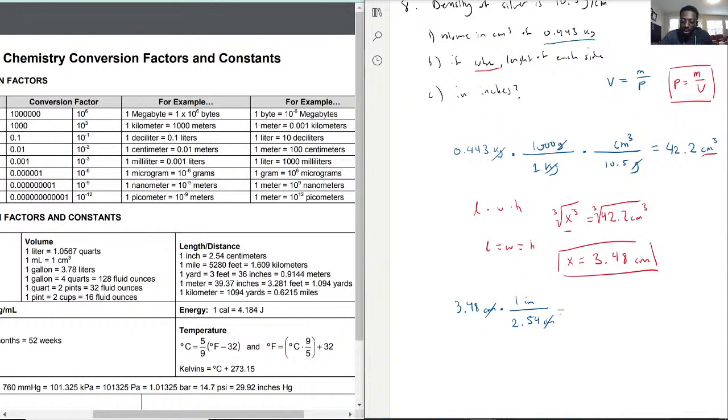Cancel out those units. So divided by 2.54, the length in inches is equal to 1.37 inches. That is going to be the length of this cube, the one side, in inches.